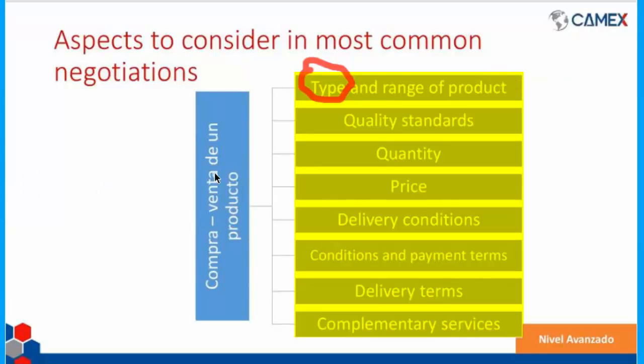So maybe he has some quality standards, because with fish products they have some basic standards that they have to attain in order to export. So which kind of quality standards do you have to attain?